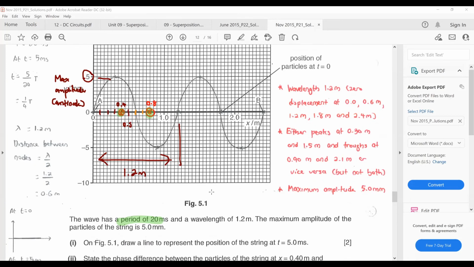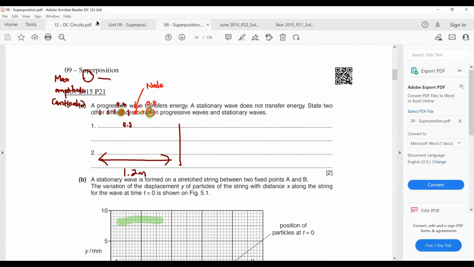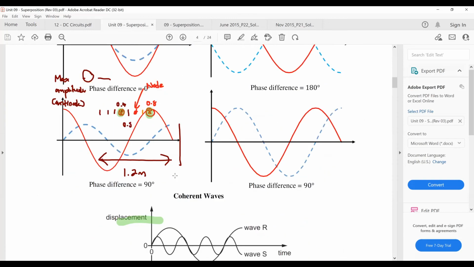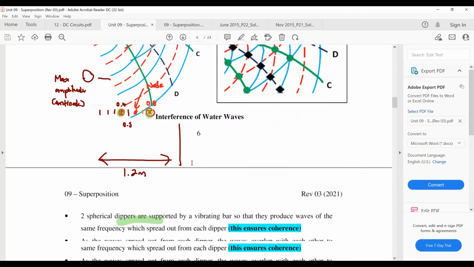Without doing what you learned in waves, you can just see that here is your node. This big point here is your node. Remember what I mentioned about the phase differences between particles, for particles between adjacent nodes and for particles on either side of a node?